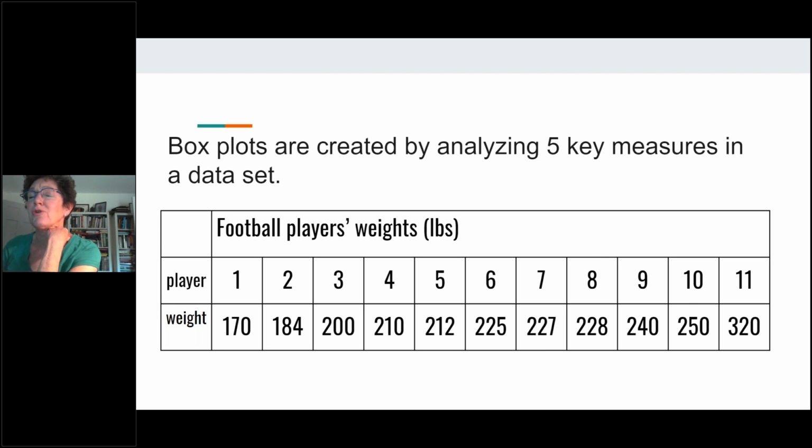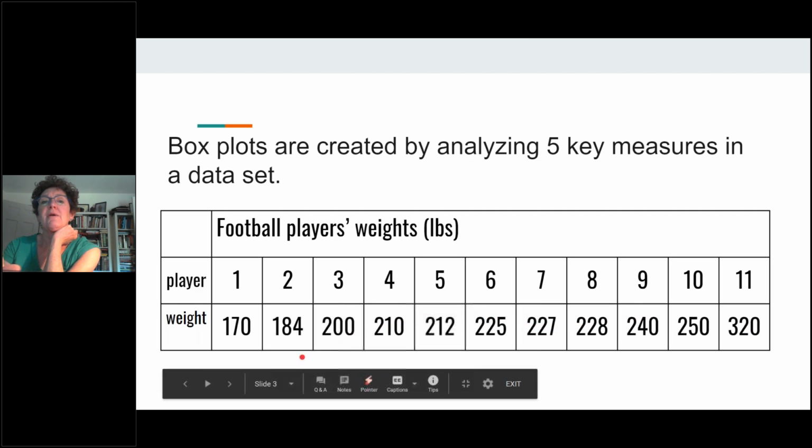So you have to be sure that when you are working with data that you are using to make a box and whisker plot, the very first thing you do is put the data in order. So here we are in order from least amount all the way up to the greatest amount. Okay, now what?